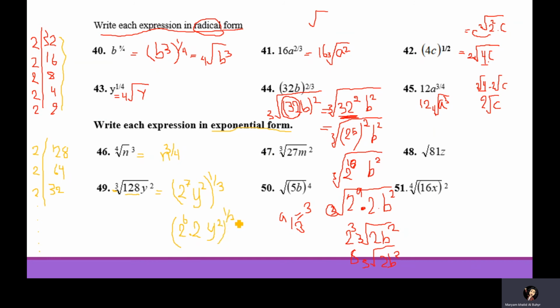Can I distribute the powers now? Yes. Once I distribute the power, 6/3. Let me write it step by step for you, because some of you might feel, what is she doing? Here's like 1. So that's times 2 to the power 1/3, y to the power 2/3.